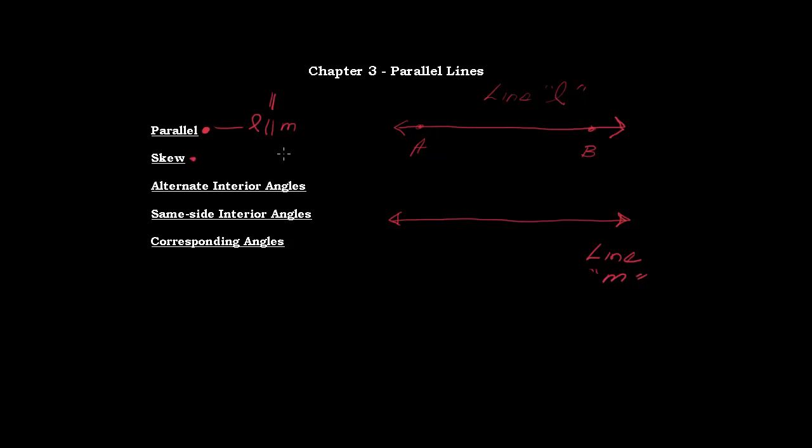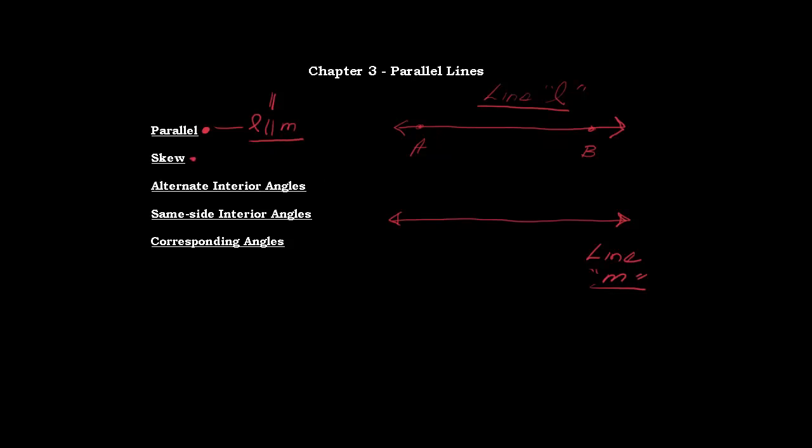So I generally speak of simply parallel lines or non-parallel lines, and by that I mean they are in the same plane. So here is our diagram. We have two lines, line L and line M. And I've told you how to look for that in the text and how to represent it.